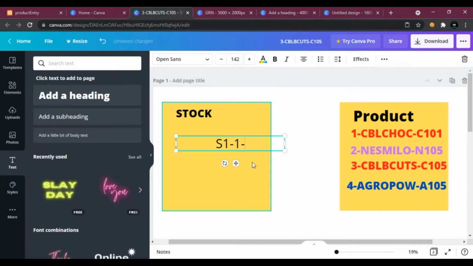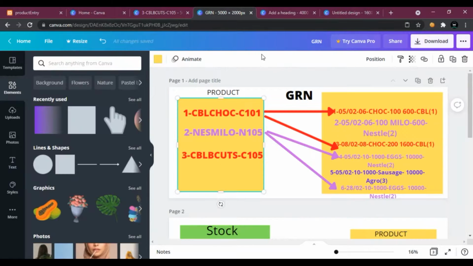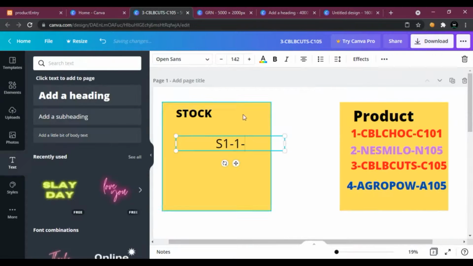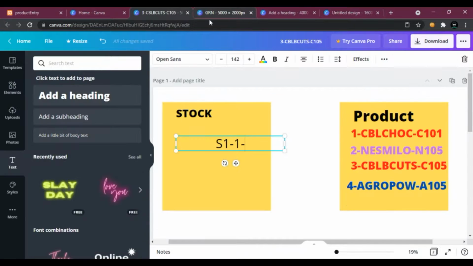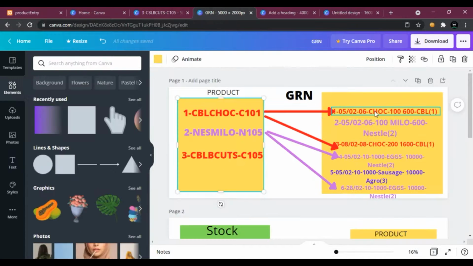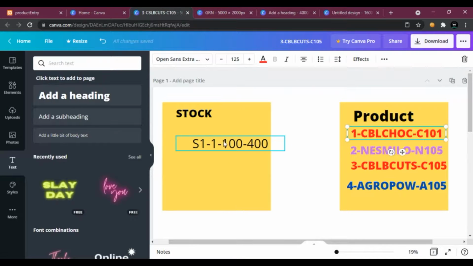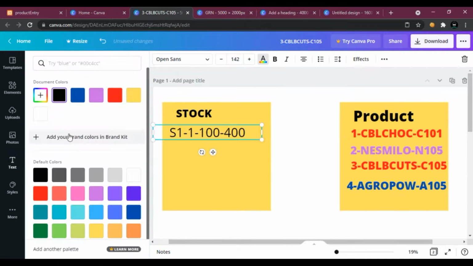Yes, we can get the quantity from the GRN, or we can get it from product also. Let's say the quantity is 100, and the selling price has to be defined by the shop owner. So let's say 400 rupees. He bought the CBL chalk for 100 rupees. Now he's selling it for 400 rupees.